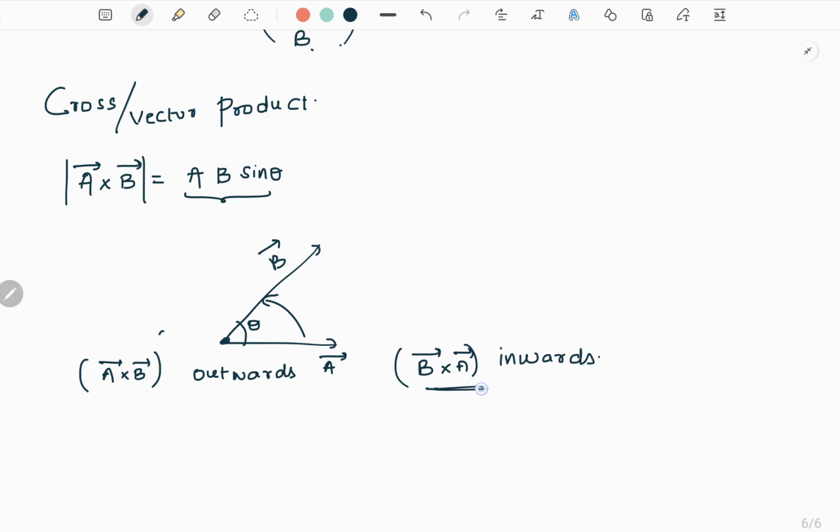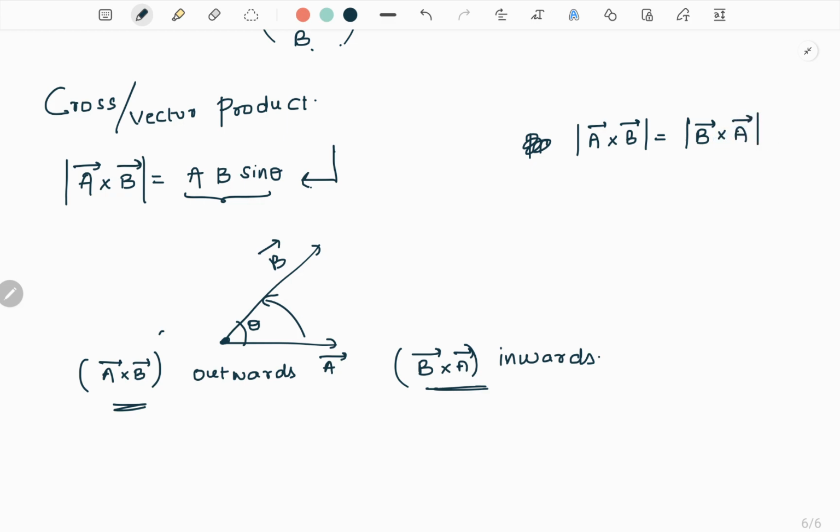So as you can see, A cross B and B cross A do not have the same direction, but from the basic understanding of the magnitude of the cross product, both of them will have the same magnitude. So what we can conclude is that they have the same magnitude, but their directions are different.